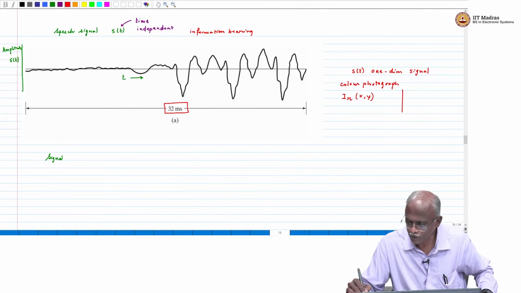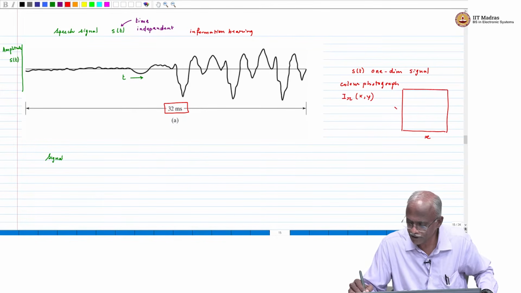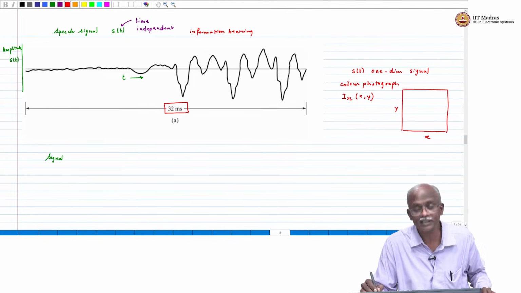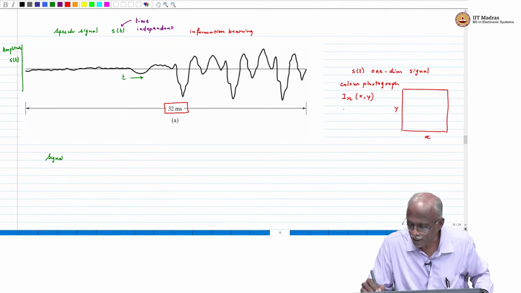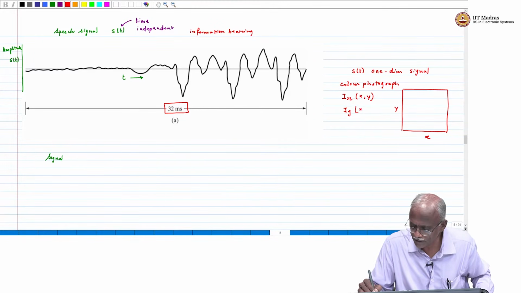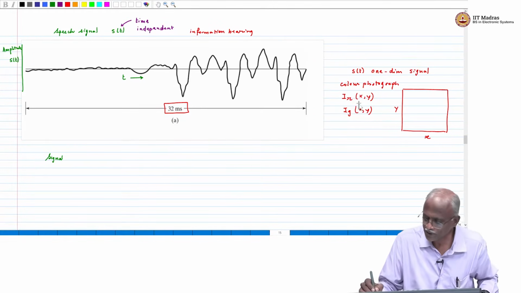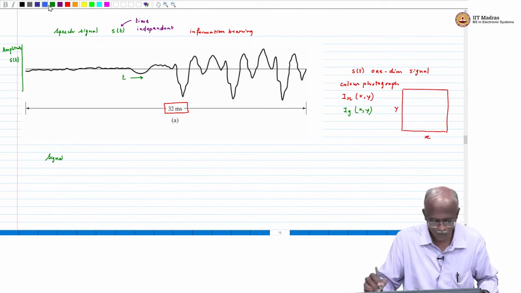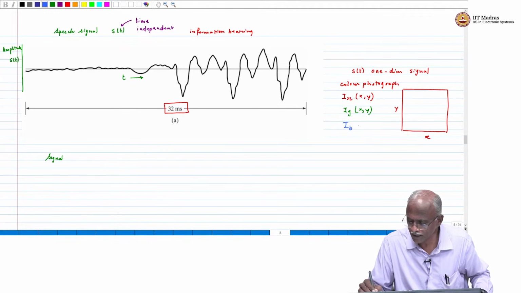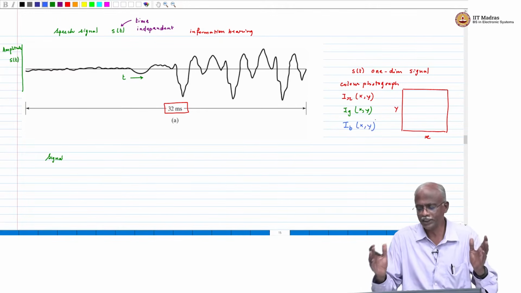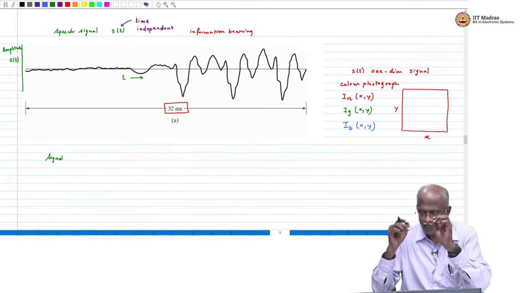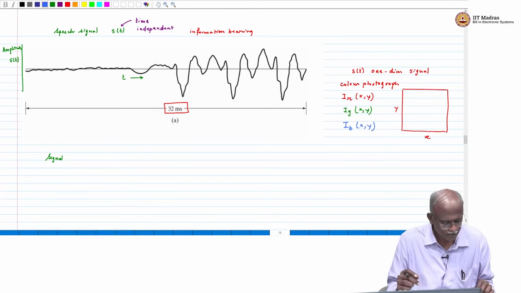So I have a color photograph, and this is the x dimension, this is the y dimension. So basically the pixel information from each of those. So this is the red color information. Similarly, we can have the green color information. I should probably use the green color for this, and then we have the blue. So the three primary colors. So this is a function of two dimensions. Again, x and y are the independent variables, and you have the intensities of these three different colors.